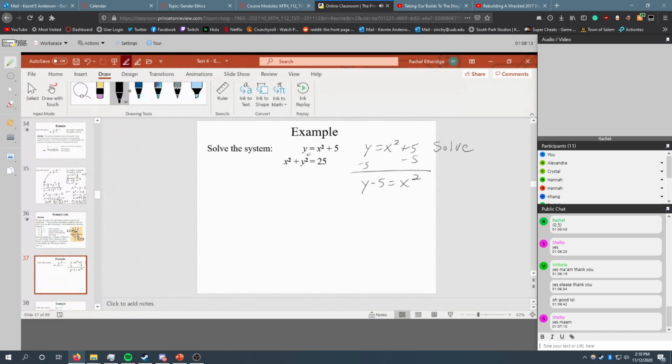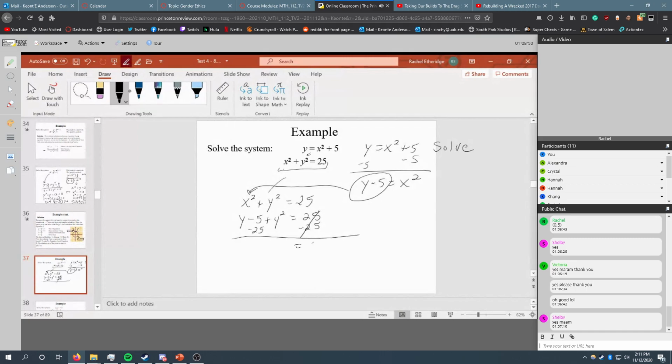So I'm going to go over here to this equation and substitute y minus 5 in place of x squared. Now I see I've got a square term, so this is a quadratic. Can't solve that without factoring or using the quadratic formula. So either way, I've got to get this equation equal to 0.